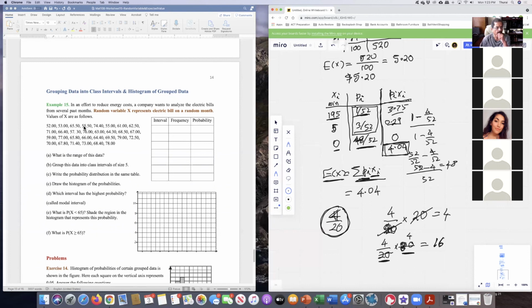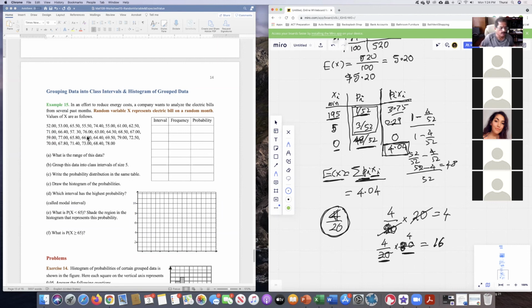So that means you have to come up with intervals, and when you are the statistician, you decide what intervals are to be used, how big the interval should be, so that the table will come down to a manageable size. But when you're doing this as a homework problem or test problem, they will indicate how big your interval should be.